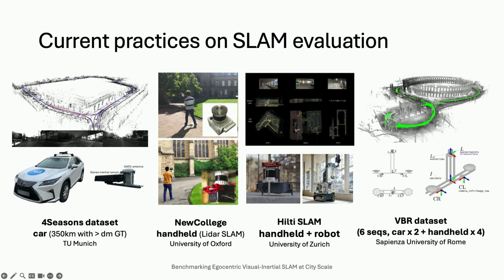Secondly, there is the New College dataset, which includes a lot of handheld videos. The ground truths come from LiDAR SLAM, but the handheld videos do not really reflect the challenges of egocentric data. While comparably closer than the car, they are still far from a good representation of egocentric data. In the third column, there is a nice dataset called Hilti SLAM.